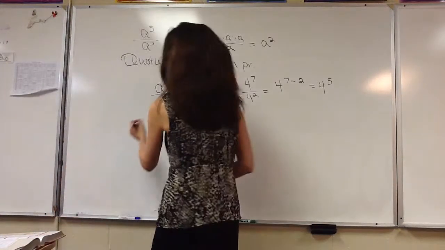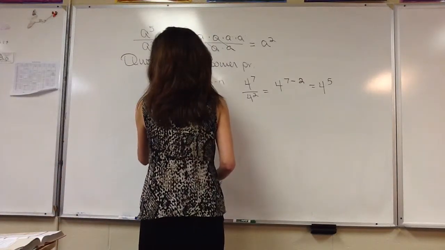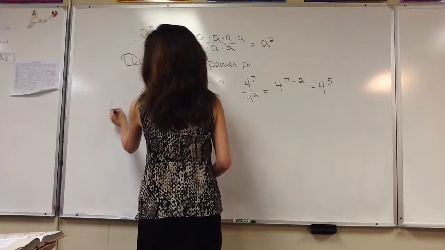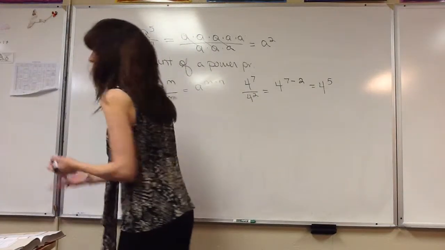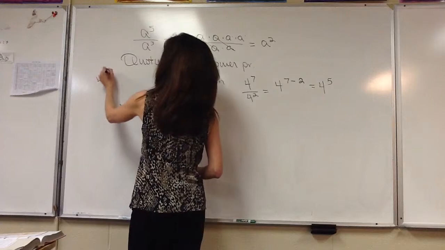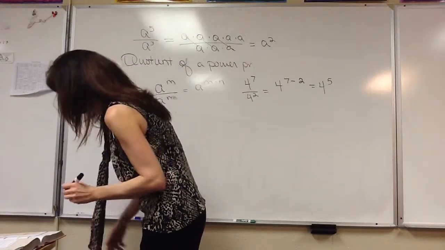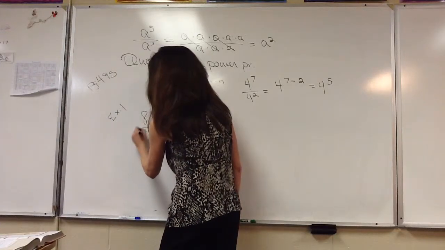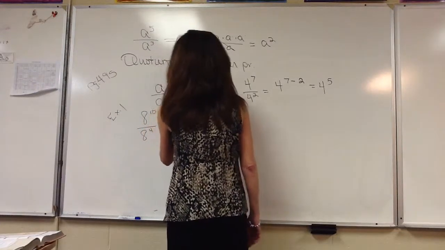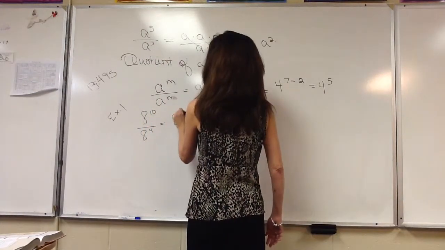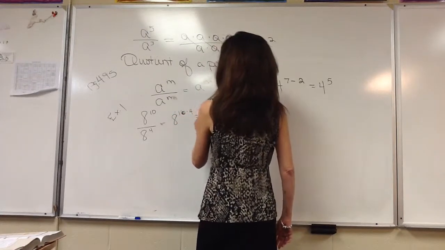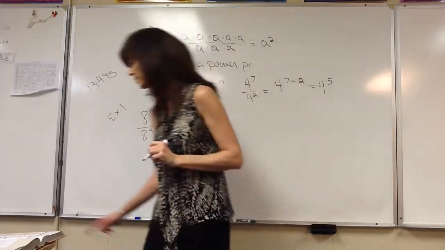Here we have 8 to the 10th power in example 1. We're on page 495, in case you're not there. 8 to the 10th power over 8 to the 4th power, that's going to be 8 to the 10 minus 4, which would be 8 to the 6th power.